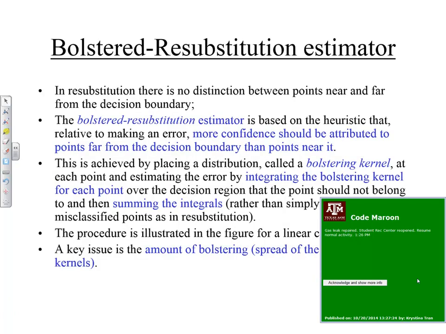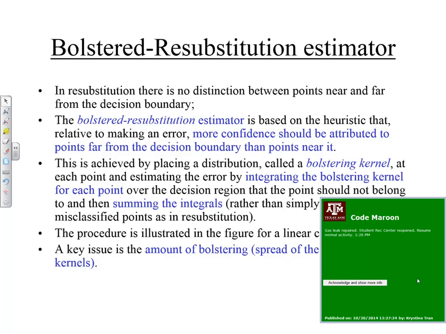So the bolstered resubstitution estimator is based on the heuristic that relative to making an error, more confidence should be attributed to points far away from the decision boundary than points near it. And this is achieved by placing a distribution called a bolstering kernel at each point and estimating the error by integrating the bolstering kernel for each point over the decision region that the point should not belong to, and then summing the integrals rather than simply counting the number of misclassified points as in resubstitution.